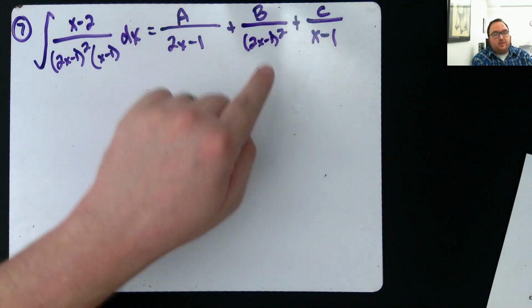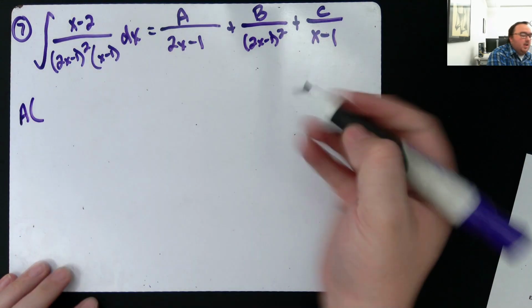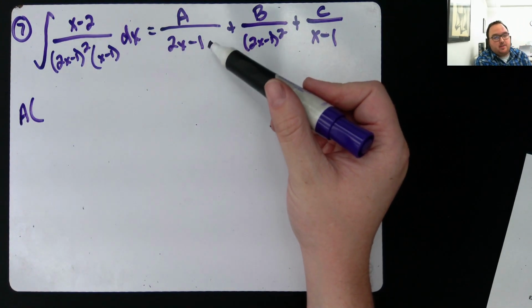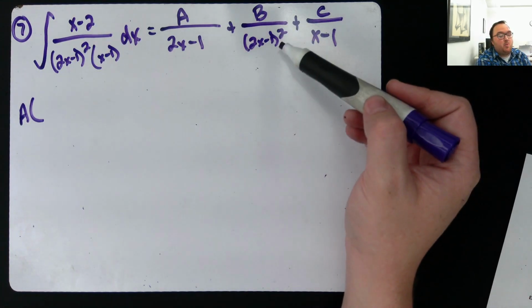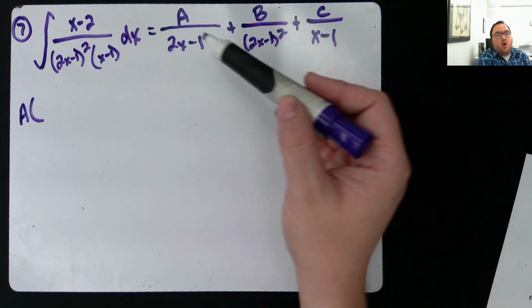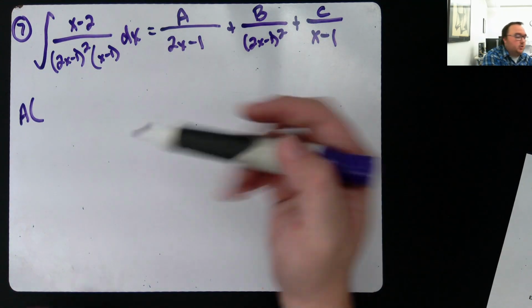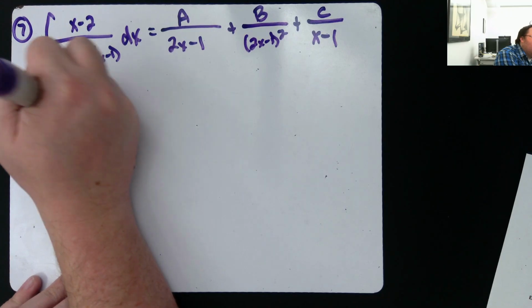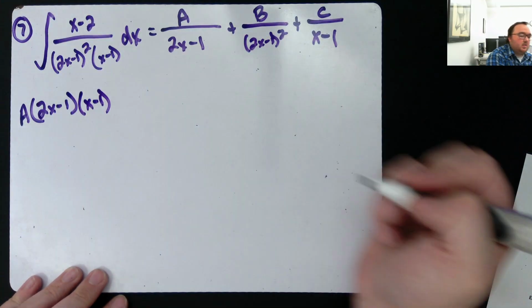To match everything else to this a, I already have 2x minus 1. What I can see here is that I want it squared, but I already have one of them here, so I only need one more. So I would just do 2x minus 1 times x minus 1.